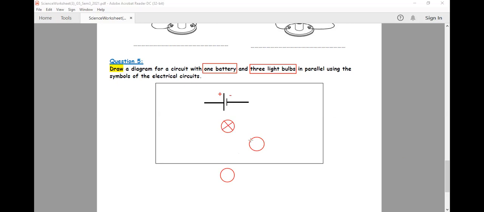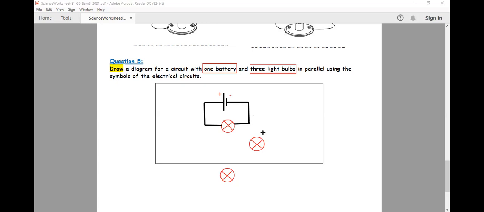Miss, can I ask you a question? Yes. Miss, I didn't draw it like you, but not the same. Yalla, we will see. How many pathways should I have in my circuit? 3 pathways. So electrons leave the negative side. They move through the first light bulb, then back to the positive side.